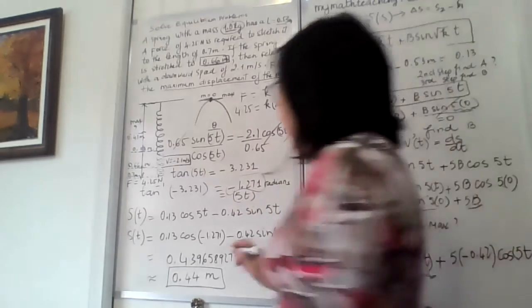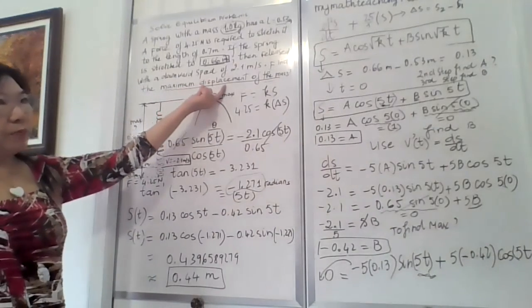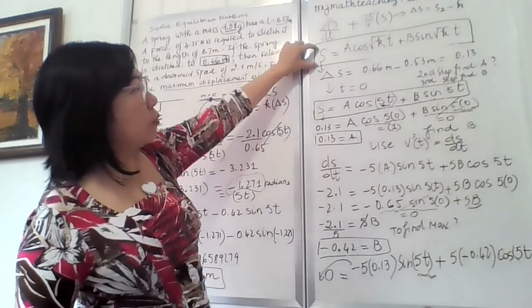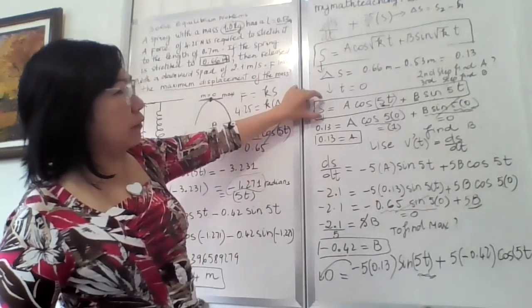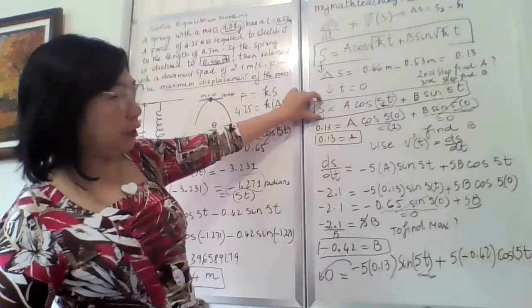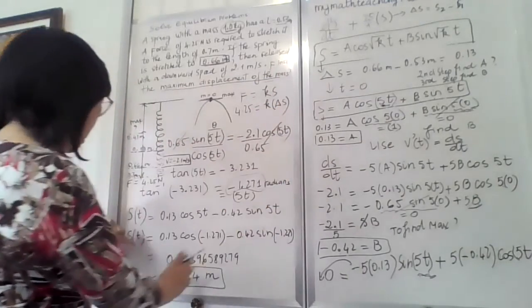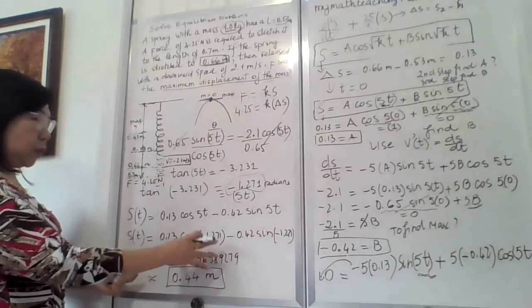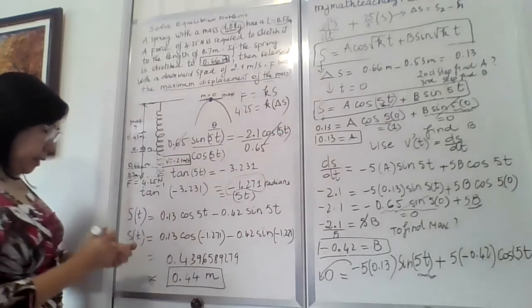And then we go back to the displacement, because the question asked for displacement. So we put our numerical values, whatever we know, into this displacement function, not the derivative function, but the displacement function. We substitute whatever we already know into the equation, and our answer is 0.44 meter.